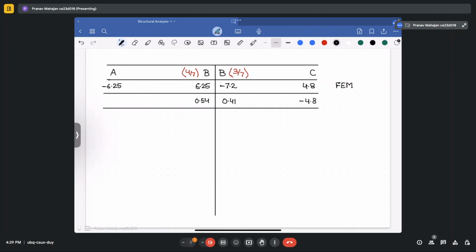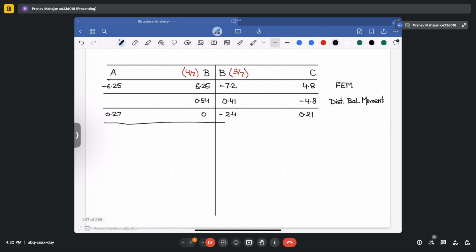Now these will be carried forward. So we will write it that this is distributed balance moment. Okay. Now this will be carried over to the other ends. So that will be 0.27. So 0.27 will come here. 0 will come here. 4.2, there will become 2.4 here, and here it will become 0.21.